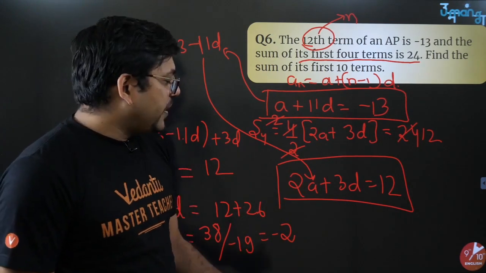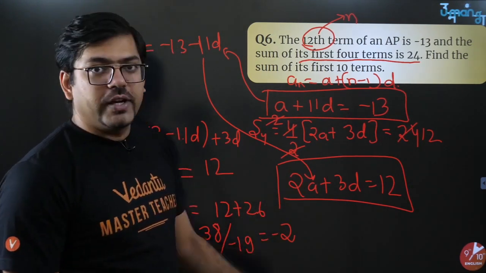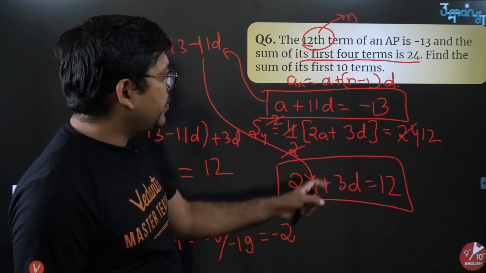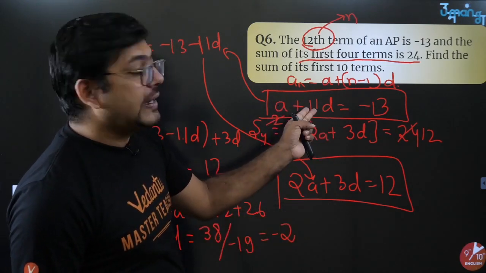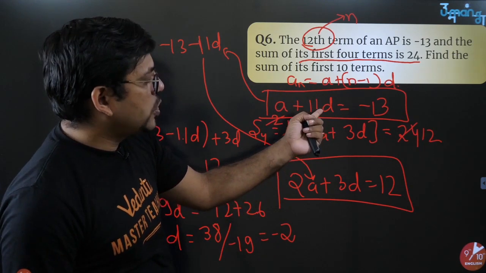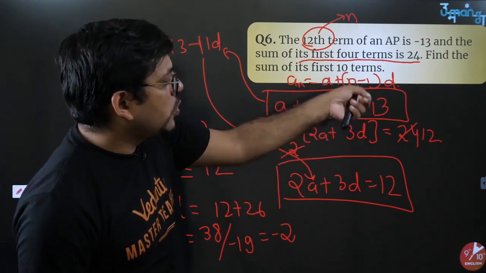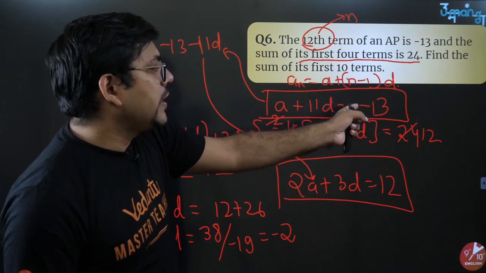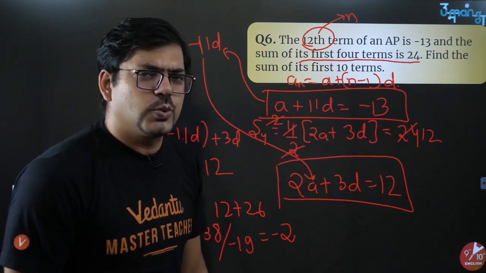So finally we got the value of d. Using this value of d, putting minus 2 here, I can get the value of a. Minus 11 into minus 2 is plus 22. Going to that side, minus 22. 22 minus 13, you will get a equals 9. Very easily.